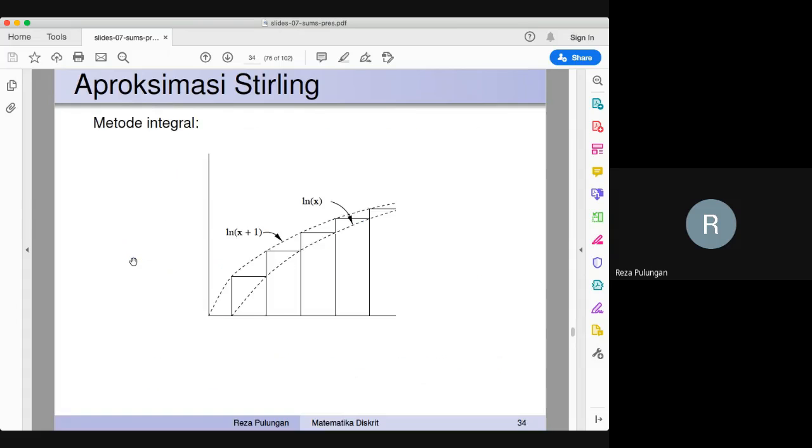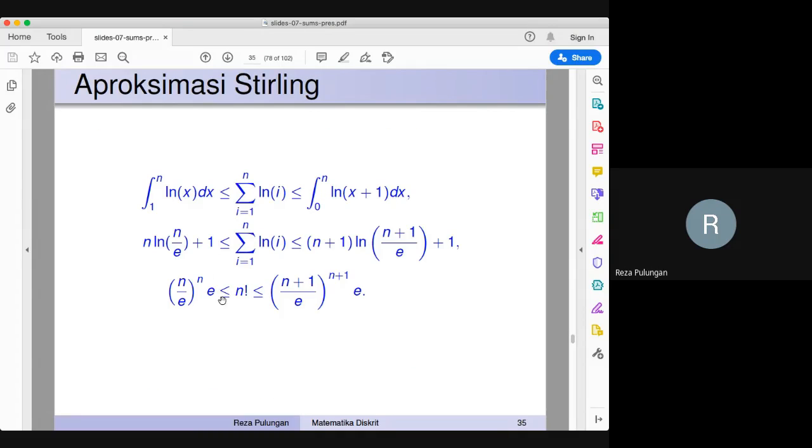How do you do that? Well, this is just e to the power of this one. e to the power of this whole thing here becomes this one. How do I get this? This is easy. Inside of the logarithm, n divided by e.